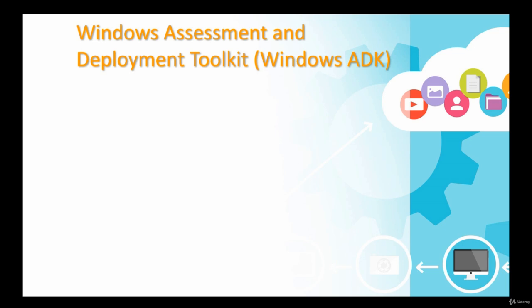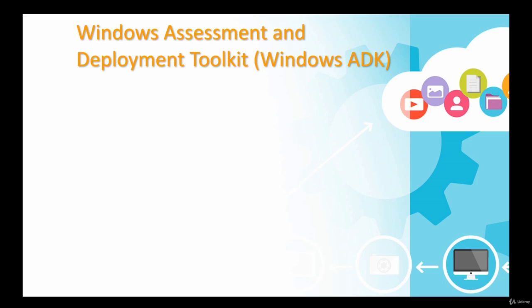The only reason I tell you that is to be careful, because you could see references to the older name, especially if you're taking the exam. The newer name is Windows ADK, which is what you want to have in your mind.